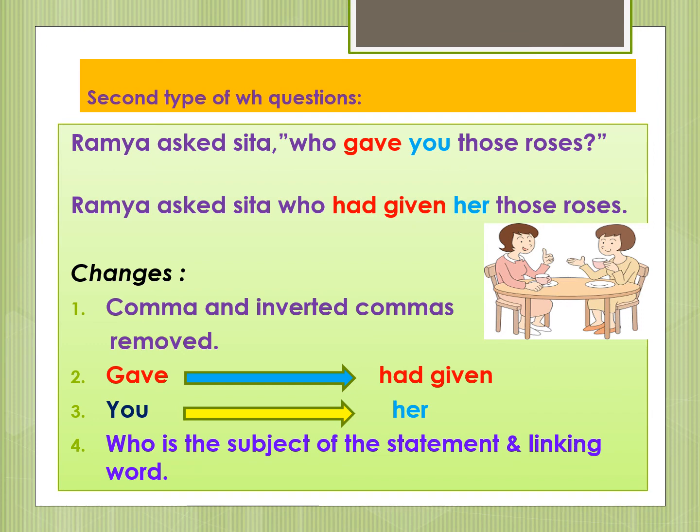So in type 2 questions, the question word will act as the subject of the statement and also as a link word. That is the difference between the type 1 question and the type 2 question. Okay, students, have you understood this?